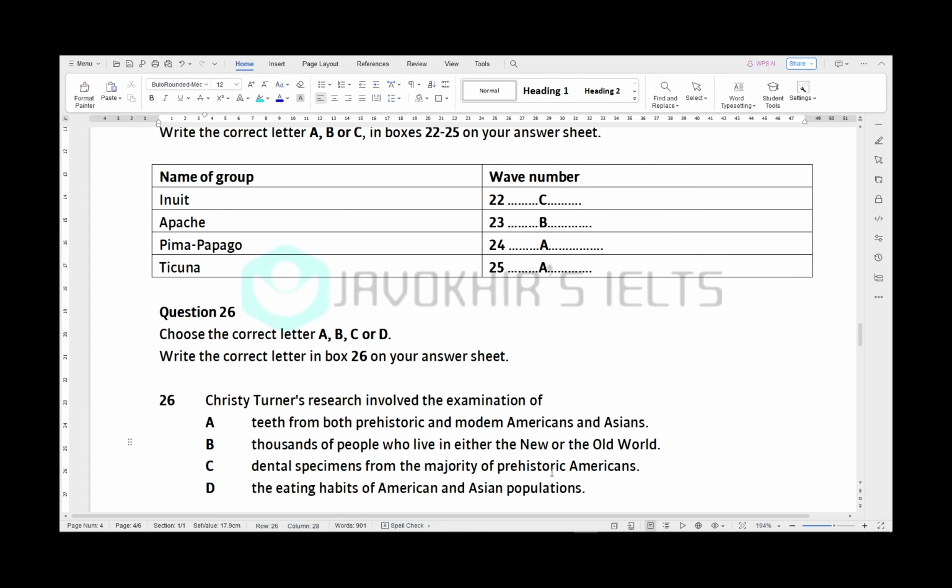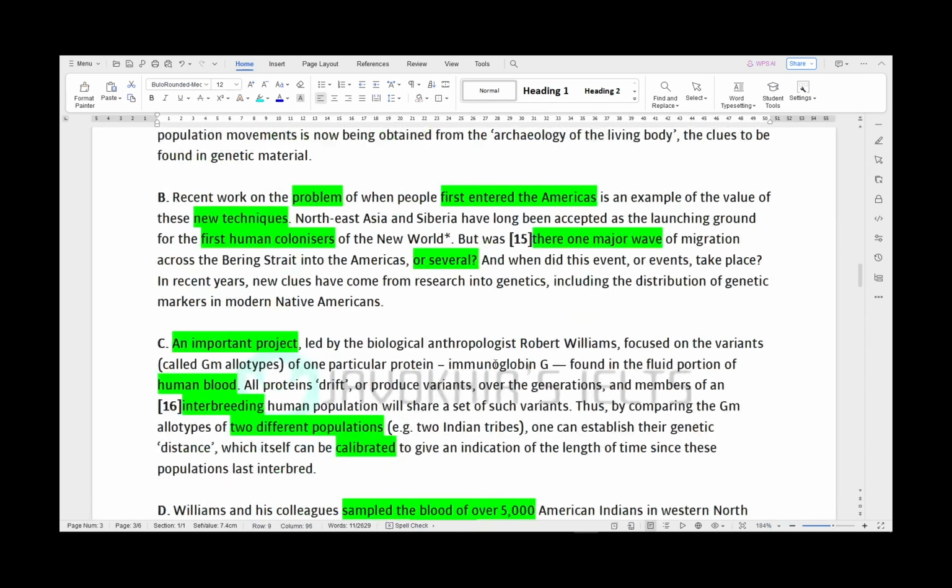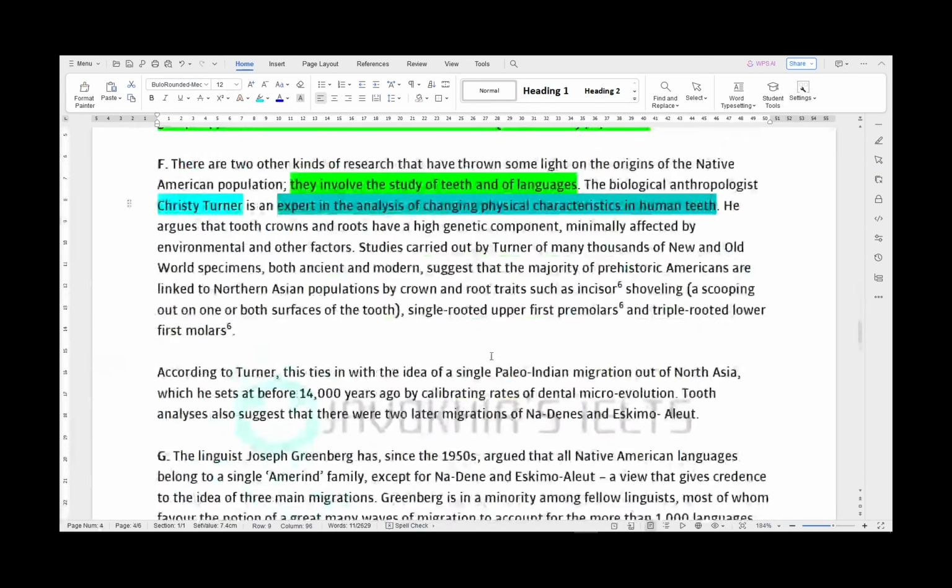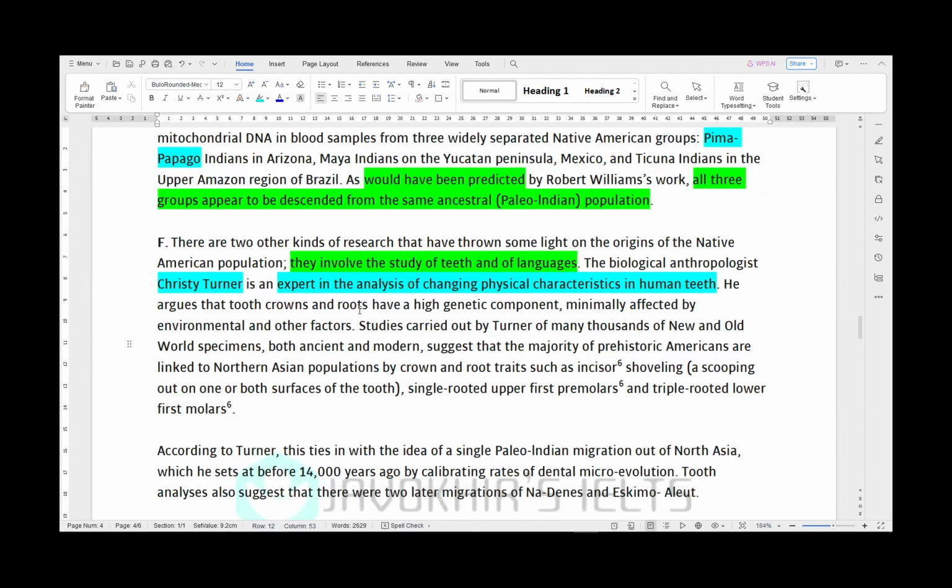I'm reading this for the second time. So once again, as I said before, teeth are specimens, and prehistoric means ancient. We remember the word prehistoric. She argues, and so on, minimally, we have thousands of New and Old World specimens, ancient and modern.